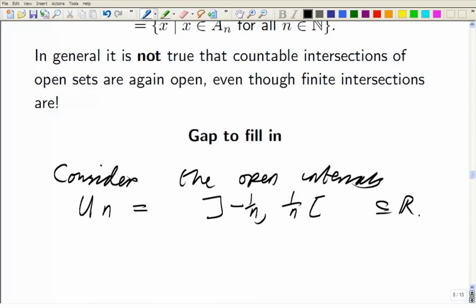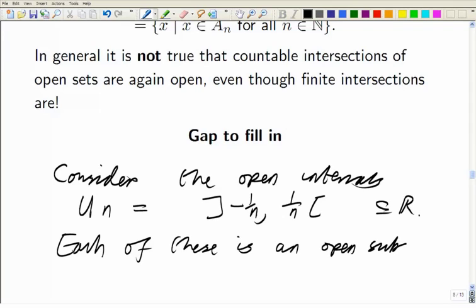So each of these is an open subset of R. What is the intersection of all of these?